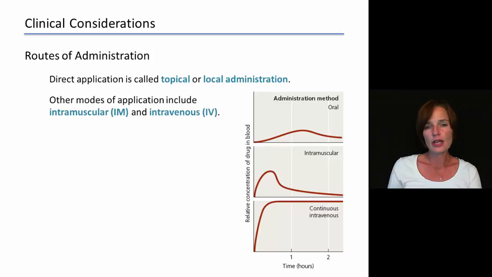You definitely don't get as high a concentration if you look at the top diagram if we're using an oral drug. If we do intravenous, so IV, then we get a very high increase in the concentration in the blood. So you can see that it goes up and it stays nice and stable while we're giving the IV. And then if we're looking at the intramuscular, it does get delivered pretty quickly, but then it does taper off after a little while.